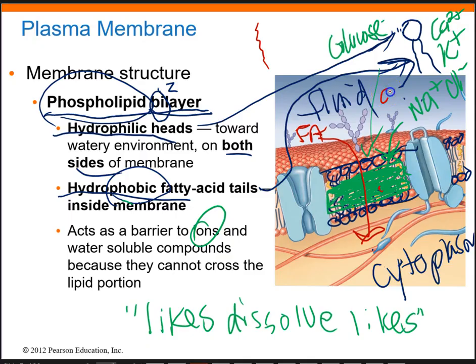The gases that we breathe, oxygen and CO2, those are lipophilic. They like lipids, so they'll go straight through the plasma membrane. But the fatty area in the middle acts as a barrier to anything that's water soluble, that has any charge. So anything that's charged or polar, it will not cross straight through those phospholipids.